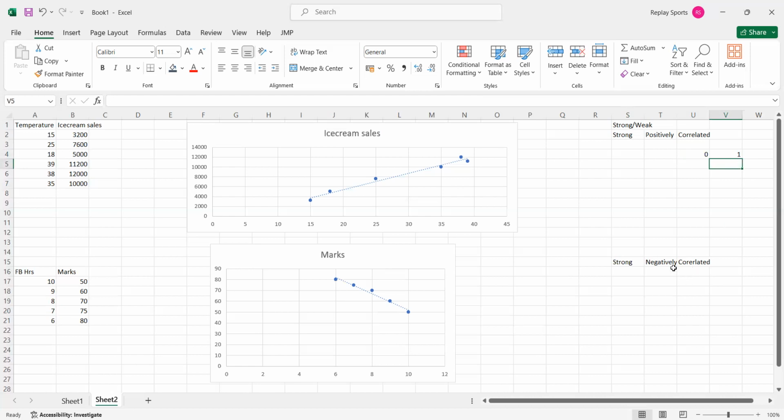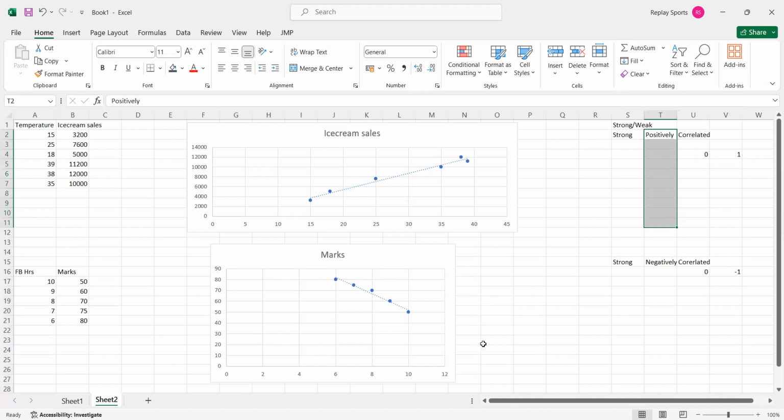In this case, it is going to be 0 to -1, because this is the negative direction, right? So the value will range from 0 to -1. And for positive, the value will range from 0 to 1. So the correlation value has two things: one, the direction, positive or negative, plus or minus, and the other is the value.